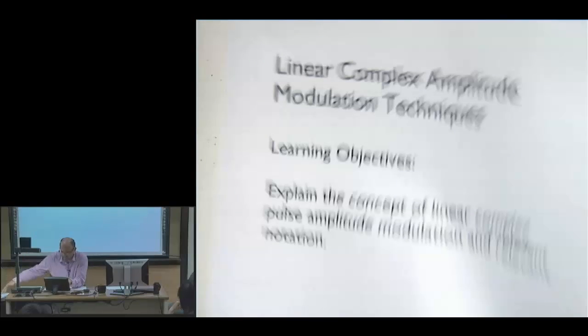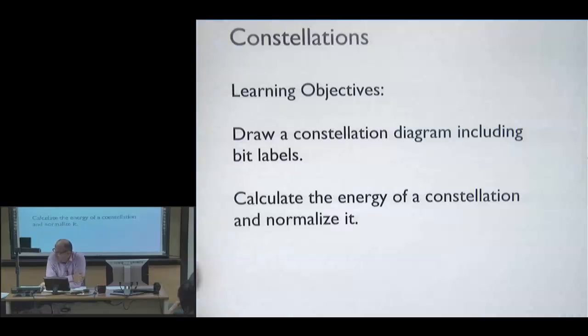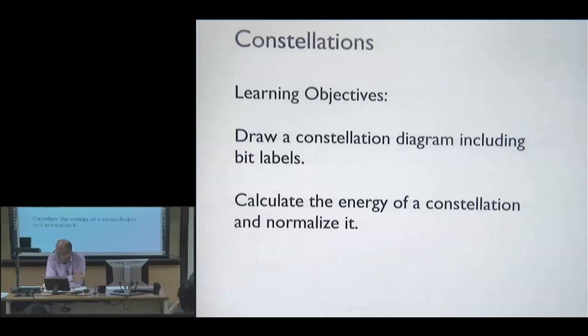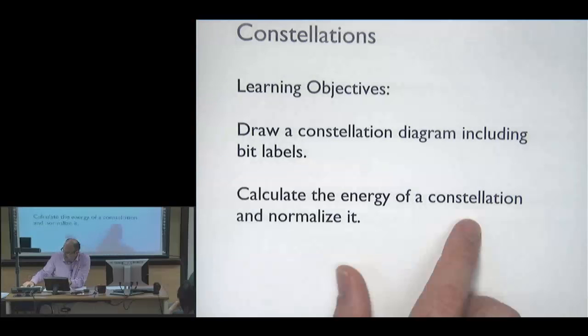Then we're going to talk about constellations, which, if you remember from lecture number 2 or 3, is how we map binary information onto points that we end up sending on this complex signal. In particular, there are two things here.